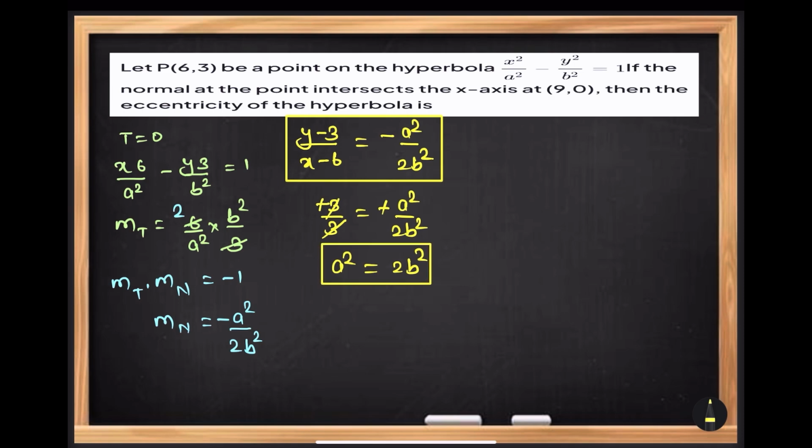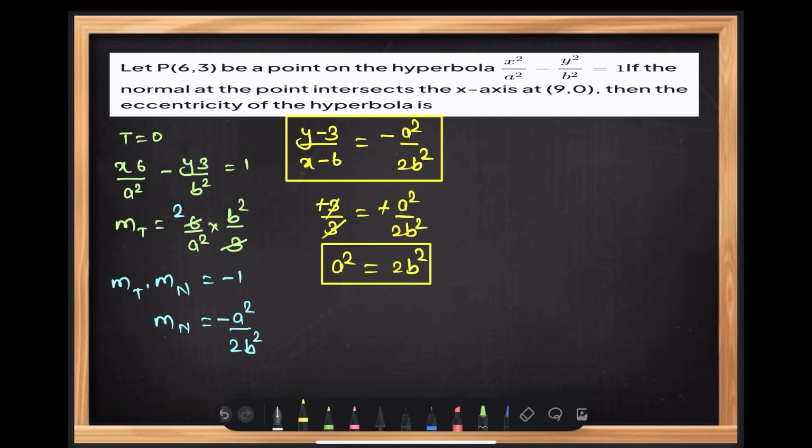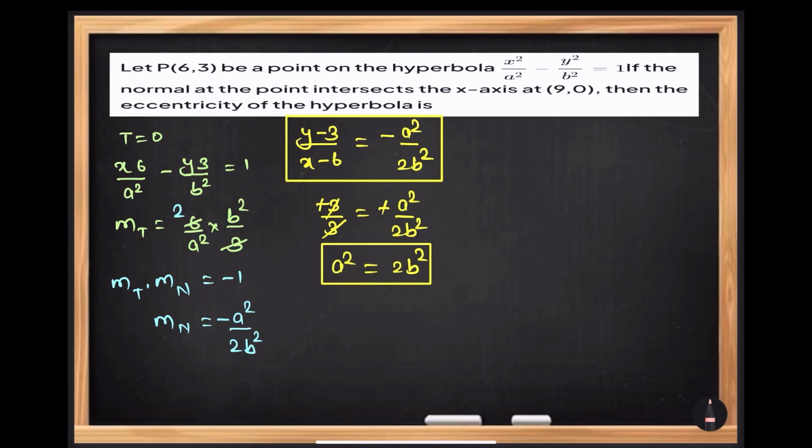Now we have to calculate the eccentricity, correct? So for eccentricity we will find out the relationship. You know that this is a horizontal hyperbola because this is 1, it is not -1, correct? So it is a horizontal hyperbola, so we will take help of the horizontal ellipse, that is 1 minus e square.